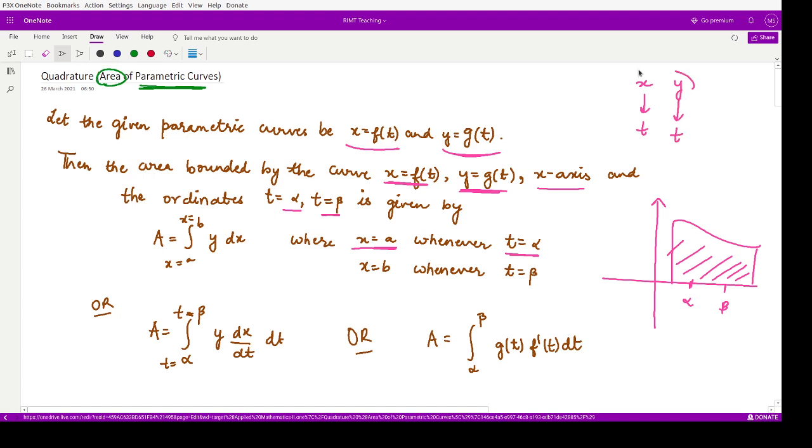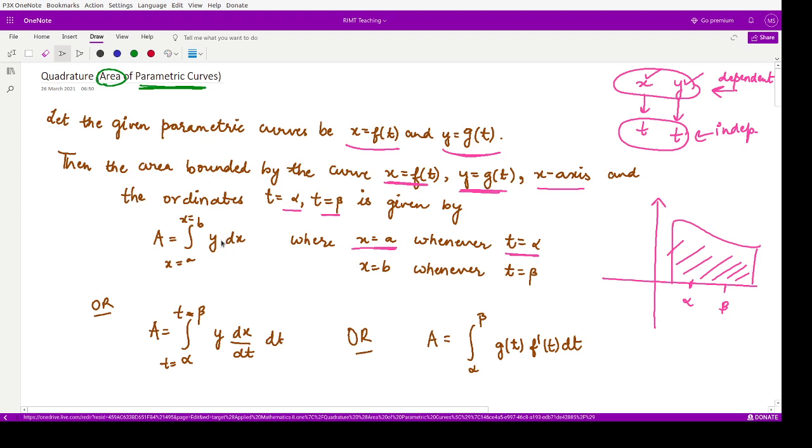Earlier we only had two variables, where y was the dependent variable and x was the independent variable, but in this case both of them are dependent variables, whereas the variable t is the independent variable, right? So we are now seeking to find this area in terms of the limits of t.